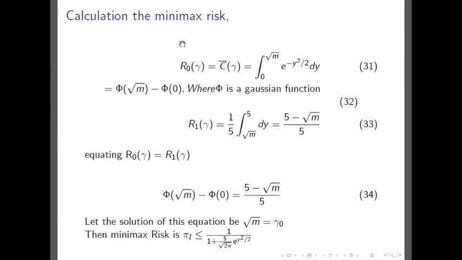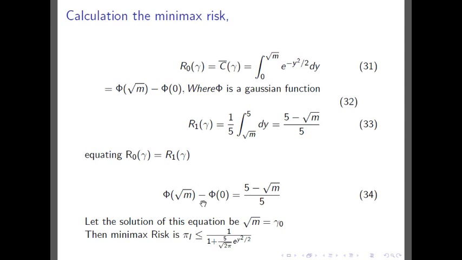For the calculation of the minimax risk, the condition to be used is R naught of gamma is equal to R1 of gamma, that is, we equate both the costs. Now, R naught of gamma and R1 of gamma are obtained by integrating the density functions over appropriate regions.